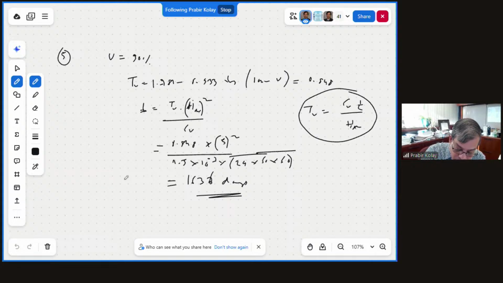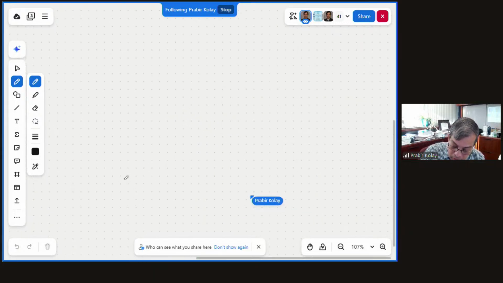Now we need to use the sand drain. Again you need to calculate the equivalent diameter of the unit cell.